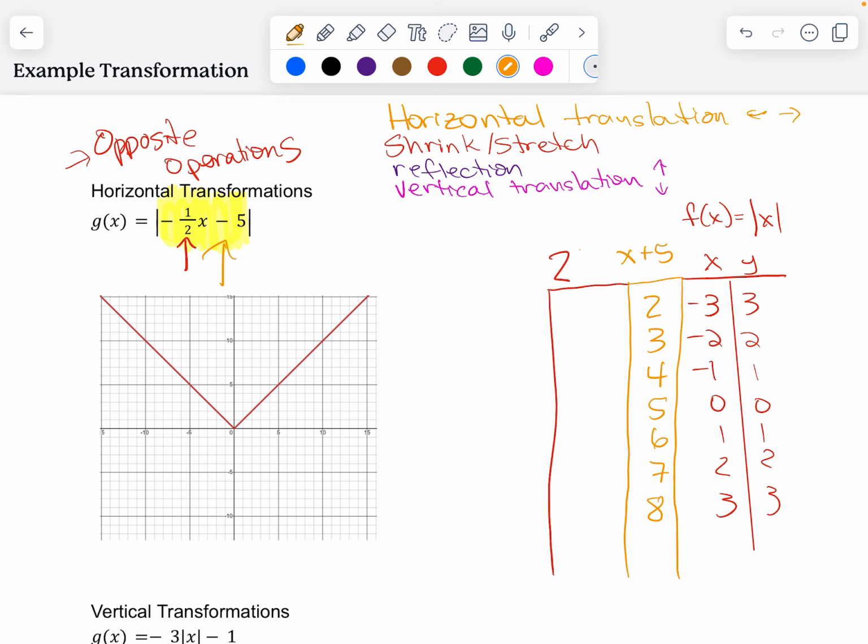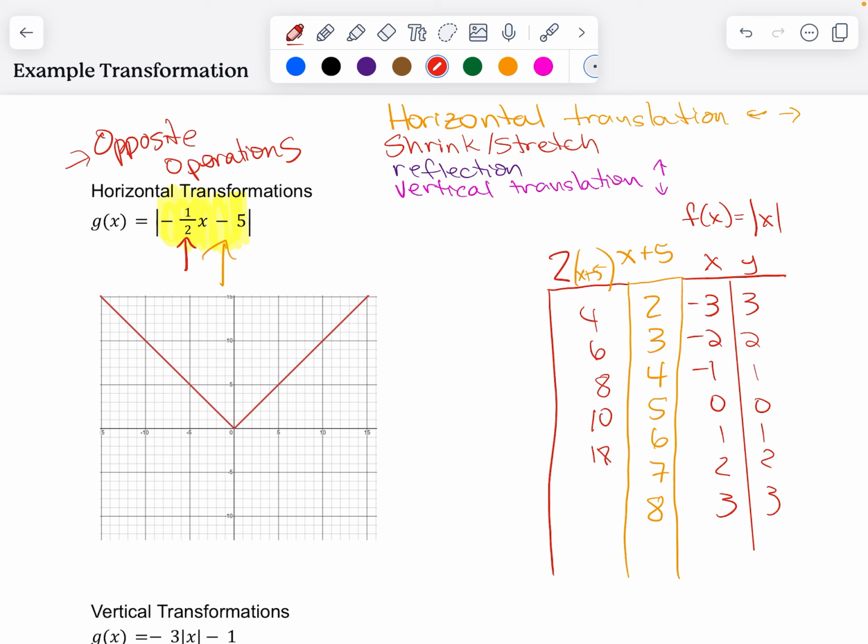And what am I going to multiply by 2? I'm going to multiply the translation that you just did by 2. So that's going to be 4, 6, 8, 10, 12.